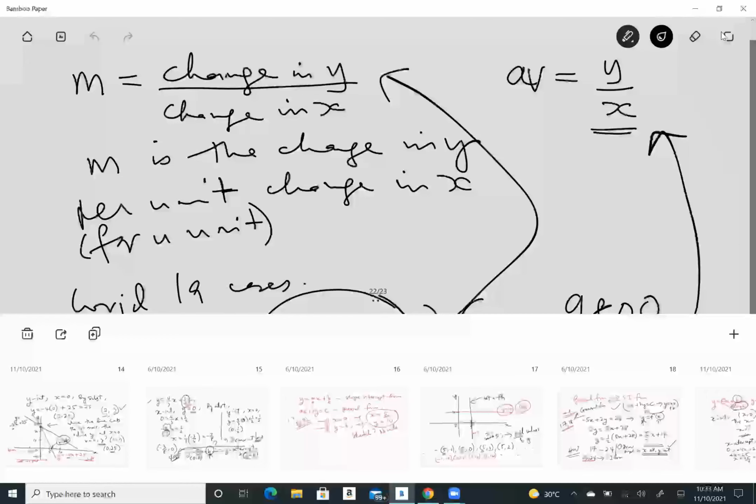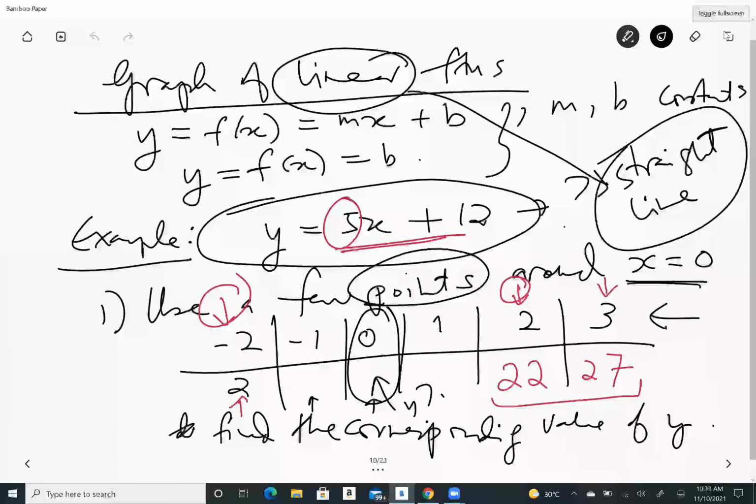All right, now I want you to do this. Take this point, that's one point, and the other point is this one. So I have two points. That's point number 1, that's point number 2. You find the slope.